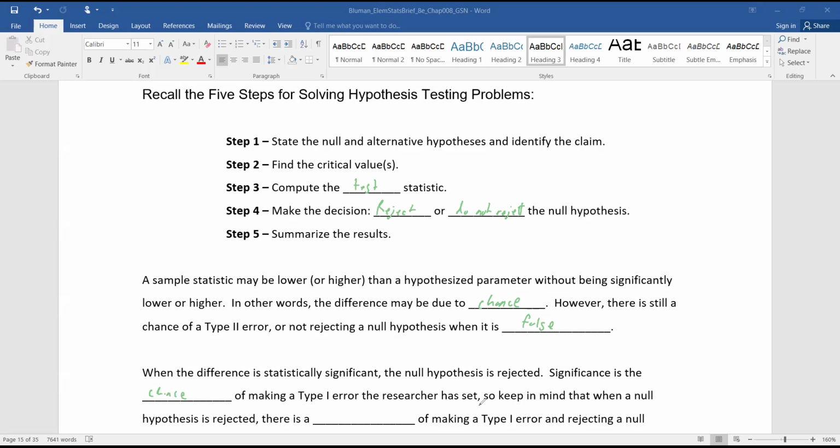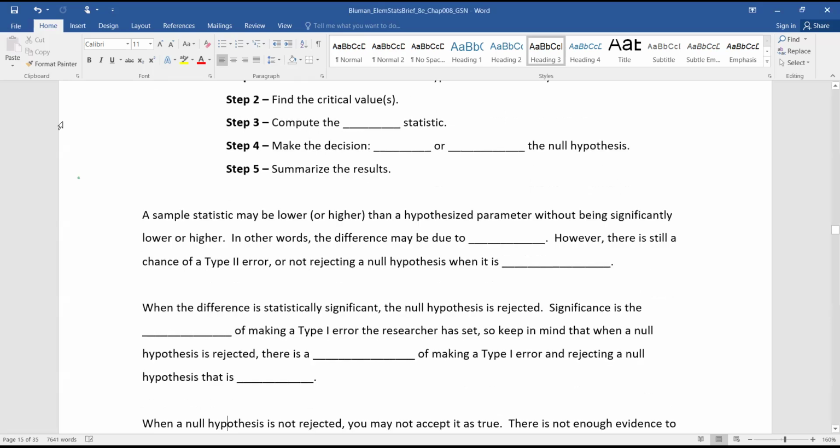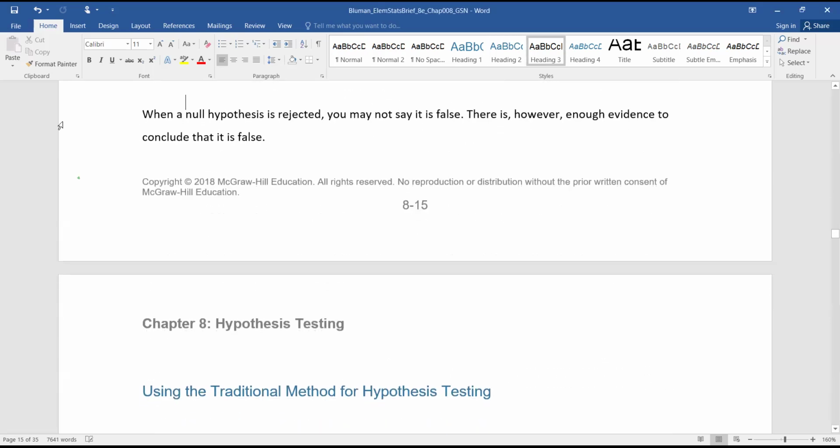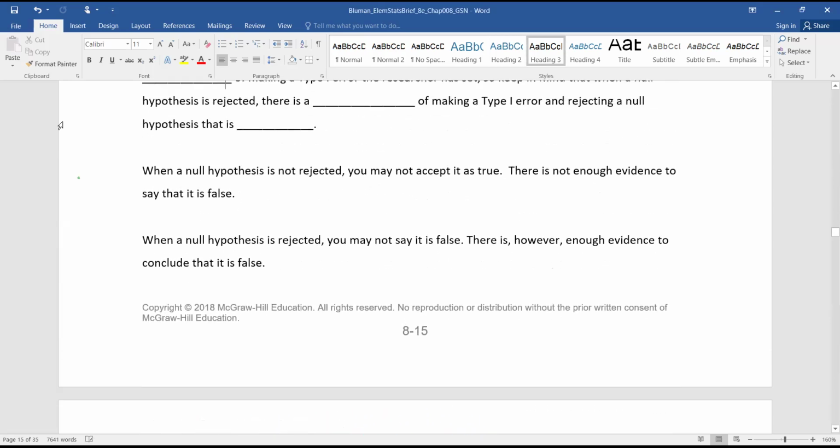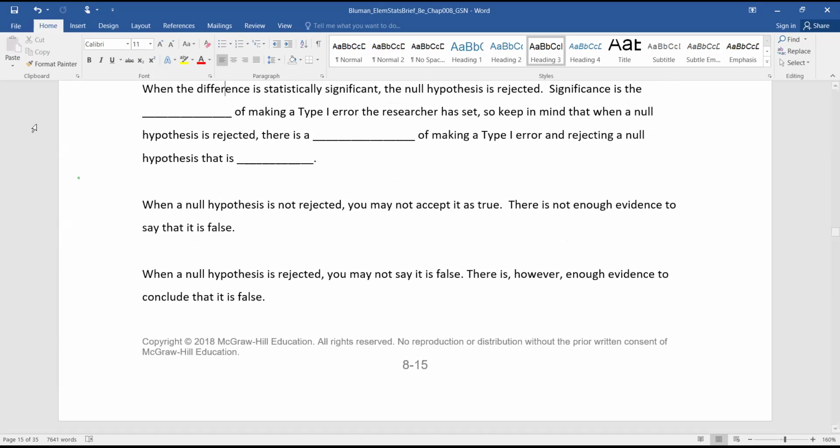So keep in mind that when a null hypothesis is rejected, there is a chance of making a type 1 error, rejecting a null hypothesis that is true.